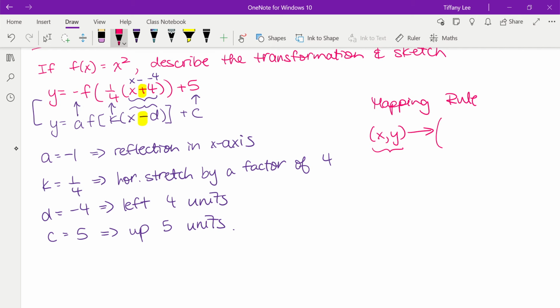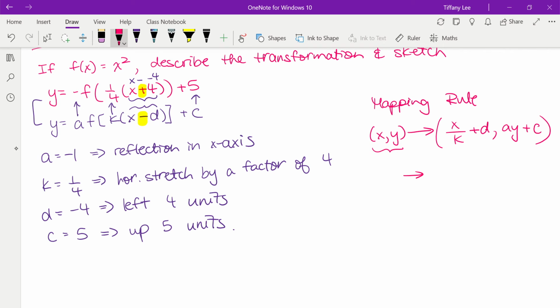You apply these original coordinates to this equation, which is x over k plus d, and that is your new x value. And then your new y value is going to be a y plus c.